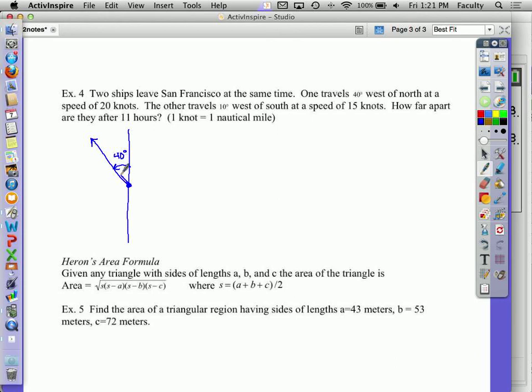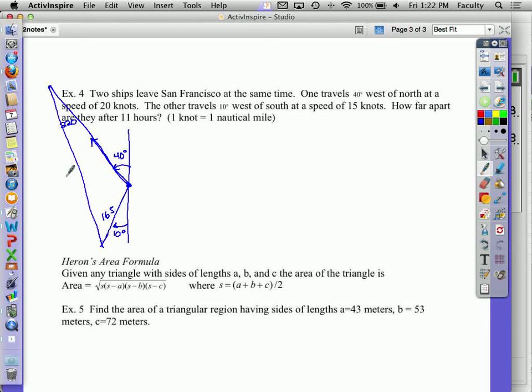So let's maybe make this one a little bit further. So that's 220 nautical miles. The second one travels 10 degrees west of south, and it goes for 15 knots for 11 hours. So what would be 11 times 15? 165.